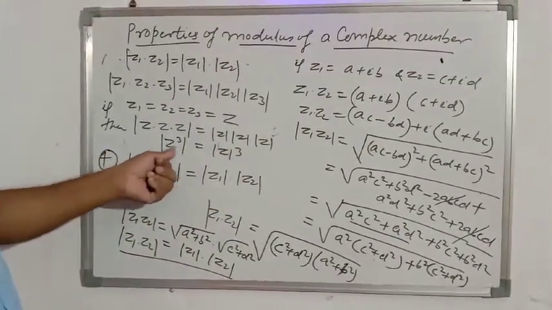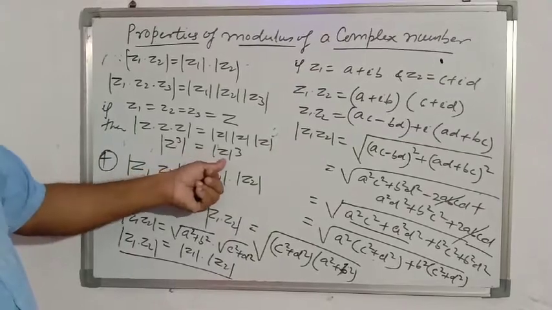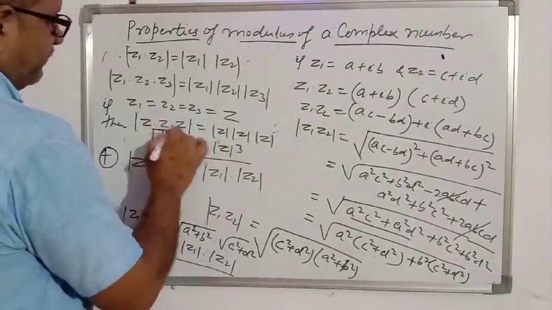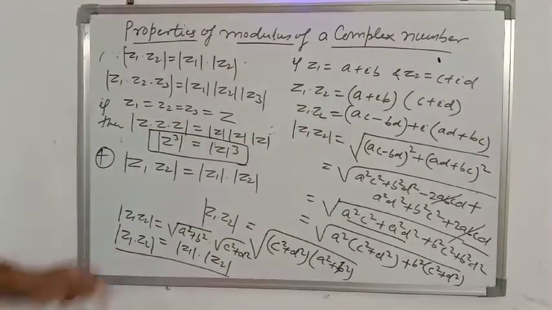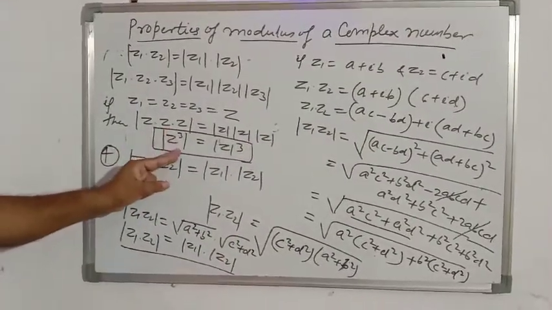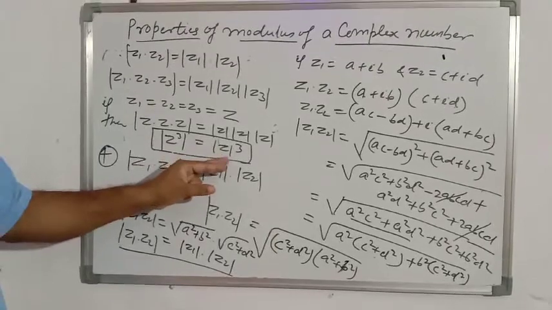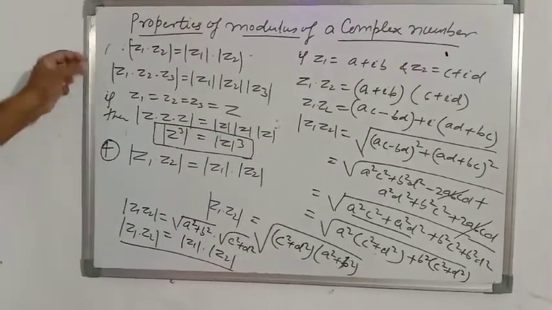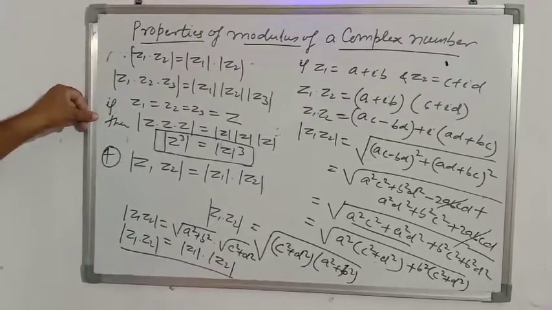So mod of Z cube is equal to mod of Z whole cube. This is the important property. So mod of Z square will be equal to mod of Z whole square. If cube is there, it will be mod of Z cube. So these are the properties of modulus of complex numbers.